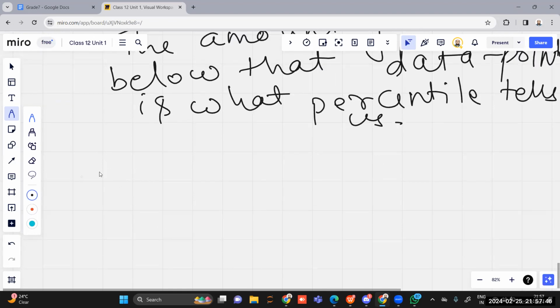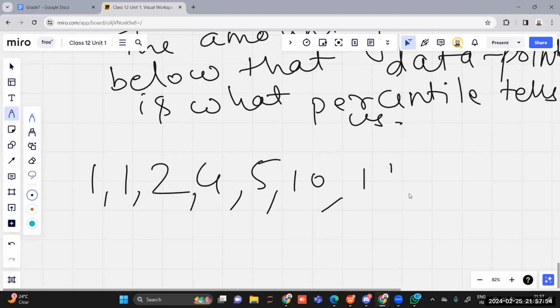Suppose there are entries here: 1, 2, 4, 10, 11, 12, 30. These are all unique entries. I want to find the percentile of 4.